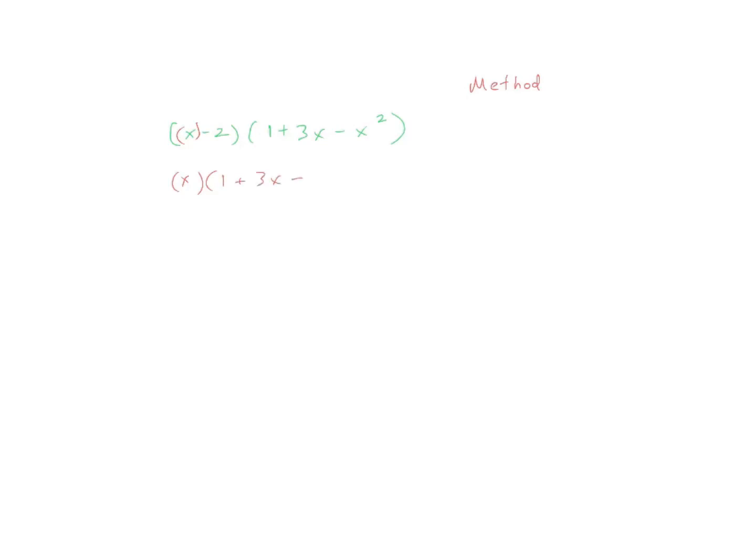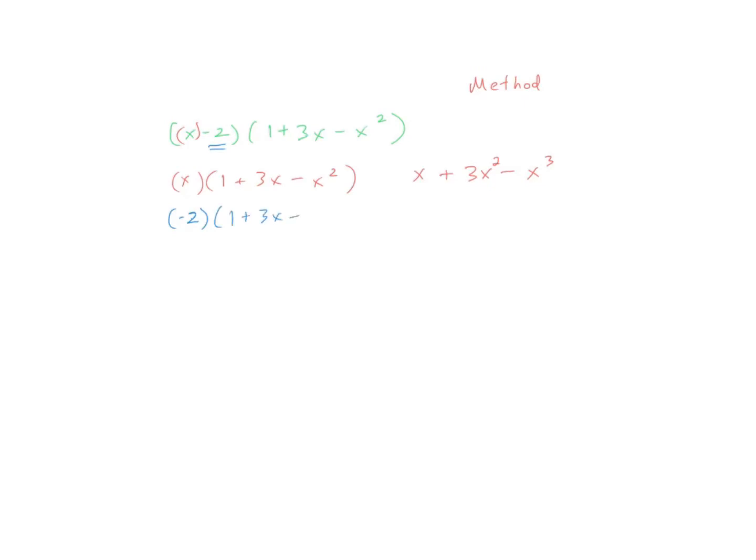So I break it up. It is almost like another FOIL, but I end up with x plus 3x minus x squared. Actually, this should be 3x squared, and this should have been adding the exponents, x to the third. And then I'll take this negative 2 and multiply it to everything inside here.